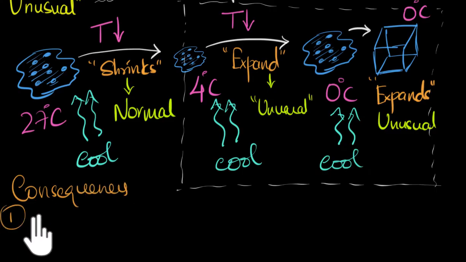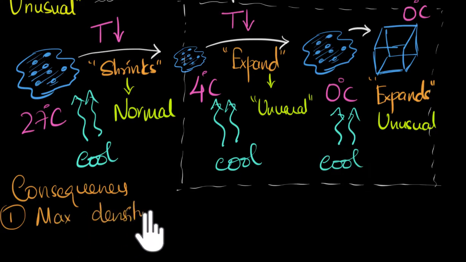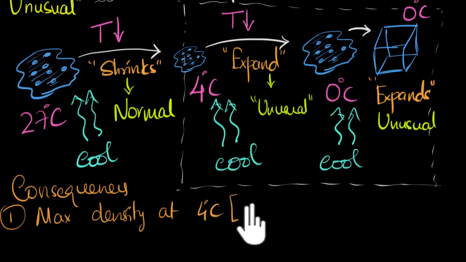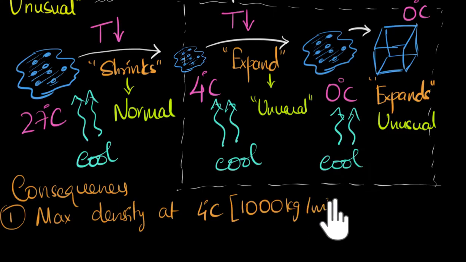The first one is it has maximum density at 4 degrees Celsius. And that density is 1000 kilograms per meter cube, which means if you were to take 1 meter cube of water at 4 degrees Celsius, it would weigh 1000 kilograms. At any other temperature, it will have lower density. So the density at any other temperature would be less than 1000 kilograms per meter cube.